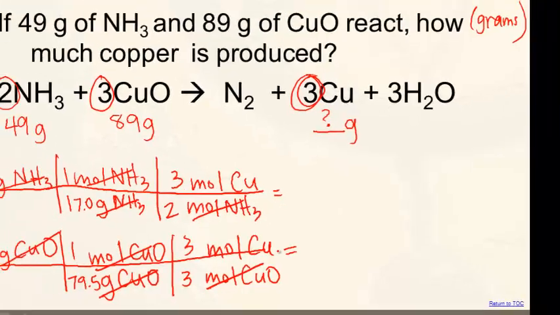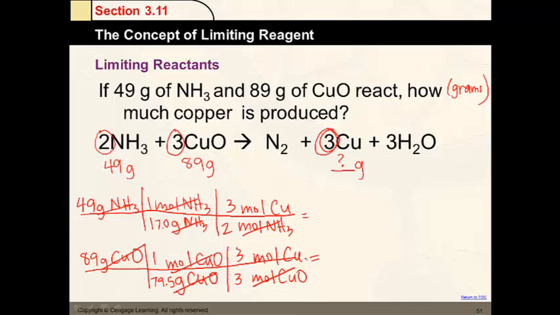So at the top, 49 times 3 divided by 17, and it would produce 8.65 moles of copper. The one on the bottom, notice that we have in the mole ratio 3 over 3, so I can actually just cancel those out.